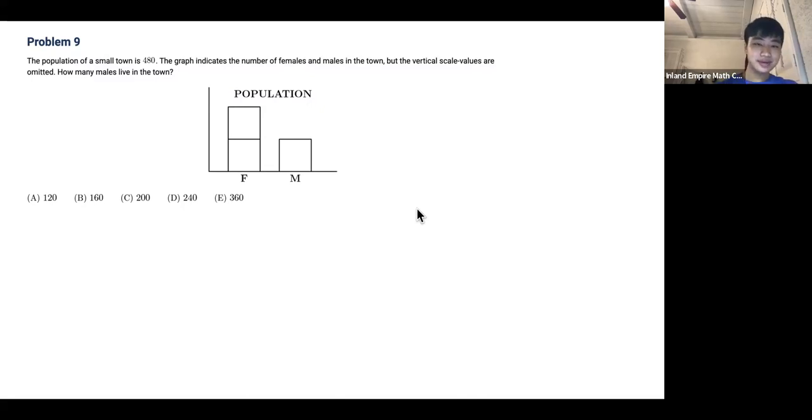Well, the way we approach this is simply to assume that the number of males is half the number of females. It kind of looks like it here, right? Since the number of males is half the number of females, M plus F equals 480.